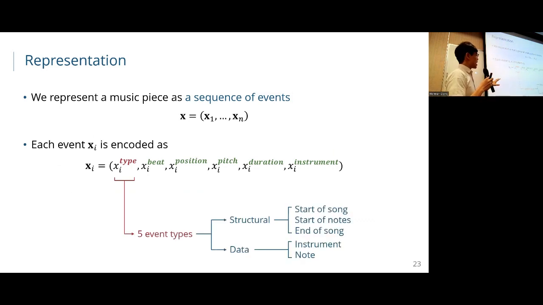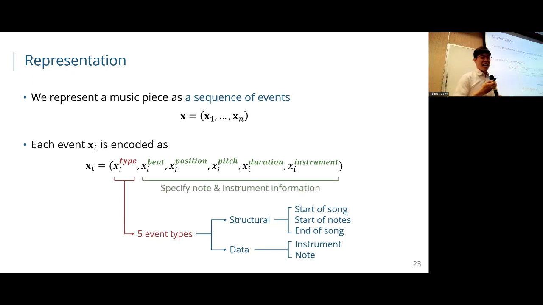We have multiple types of events. Most obviously, we have the notes, the musical notes. We also have structural events, just like in NLP we have SOS and EOS. We have start of song, end of song, and start of notes in our representation. And all the other fields are used to specify the note and instrument information.